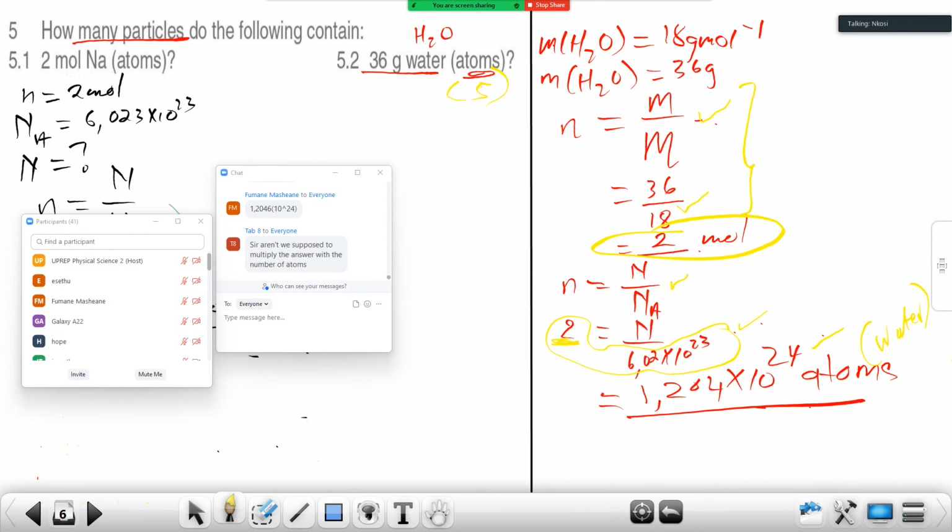Remember, you are reporting to somebody who is knowledgeable about science, but the marking criteria will need you to show each and every single step, because we cannot give you 5 for the correct answer. We must give you 5 for the correct sequential process of getting to the final answer. Am I clear, Ntabiseng?